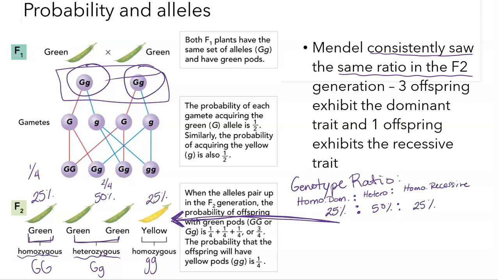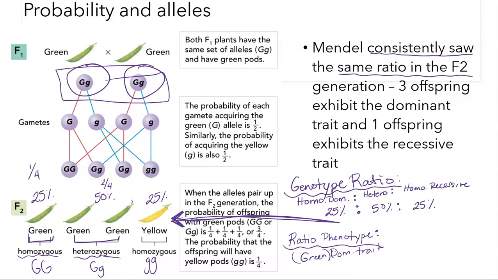And Mendel always saw that after crossing 2 heterozygous parents. What we're also going to learn when we do predictions is we're also going to write a ratio for phenotype. Physical. And so phenotype ratio, you first write the dominant trait, so that would be green in this example. The dominant trait comes first.